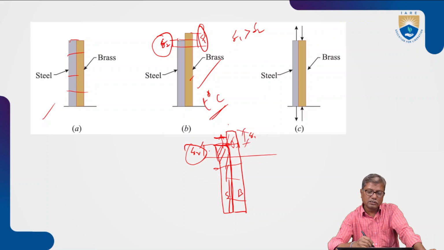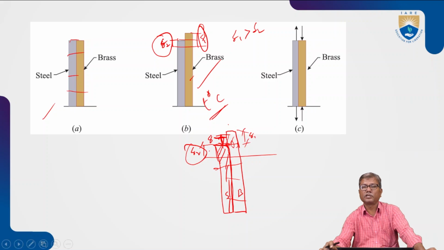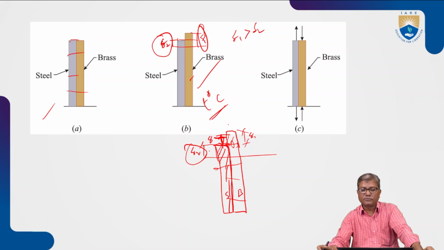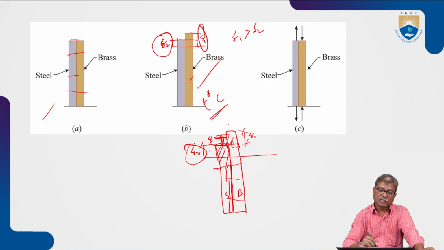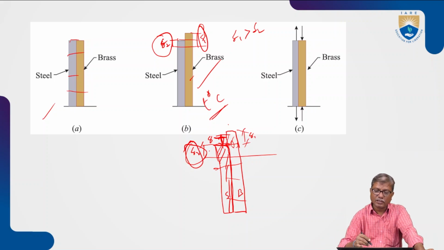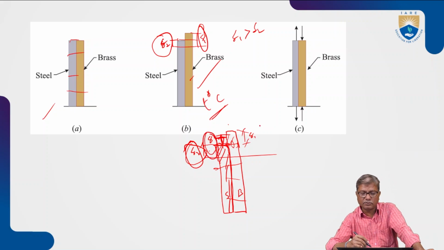At the same time, brass will not expand up to delta 1 from the initial position. It will stop at some additional expansion of delta, because steel prevents it from expanding to its full expansion, delta 1. And also brass will make the steel bar expand beyond its free expansion, delta 2. That means the final expansion will be between delta 1 and delta 2.